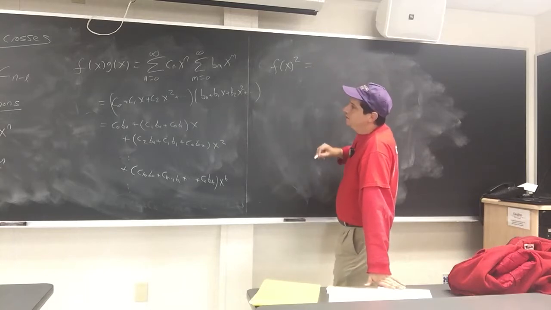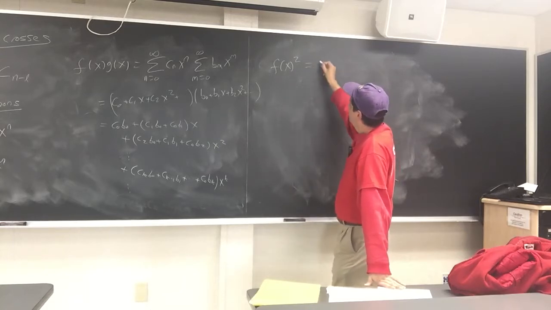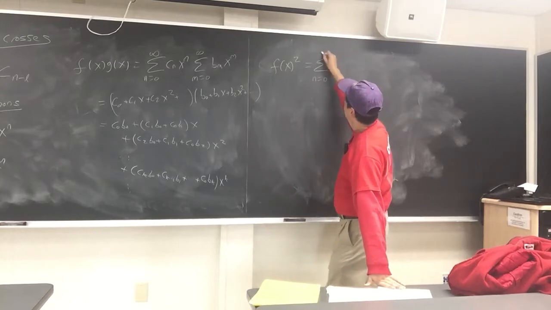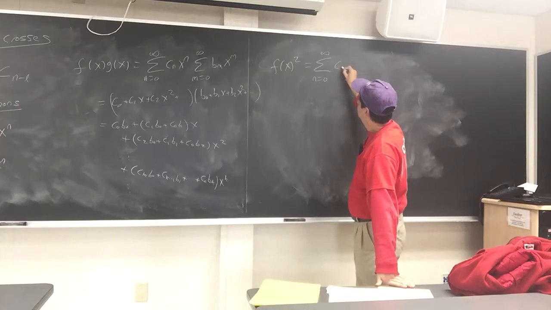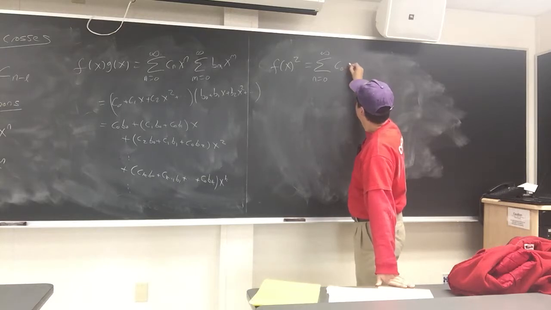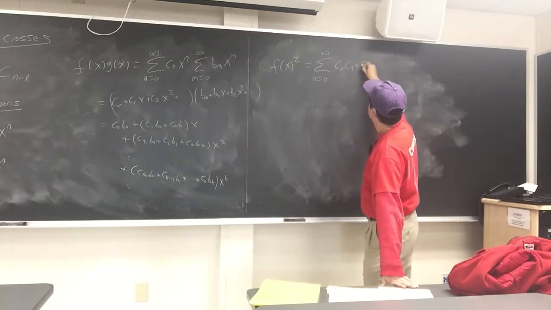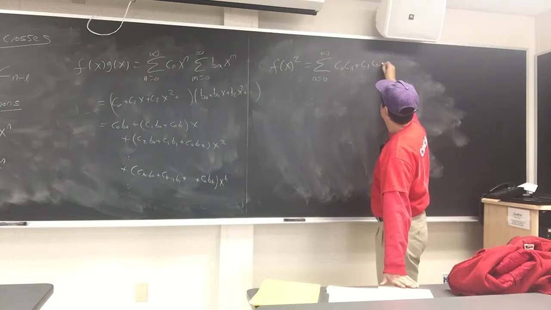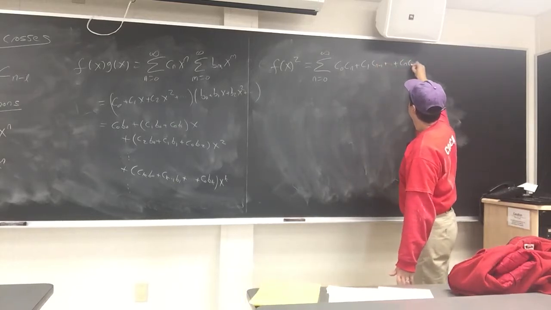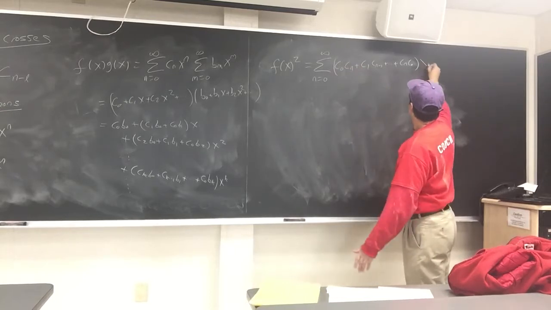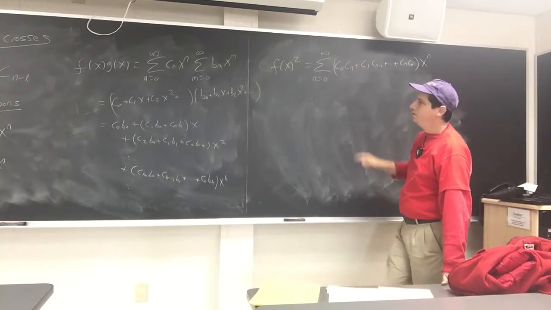That will be the sum, n goes from 0 to infinity. So now we'll get, starting with the 0, c0 c_n plus c1 c_{n-1} all the way down to plus c_n c0, times x^n.